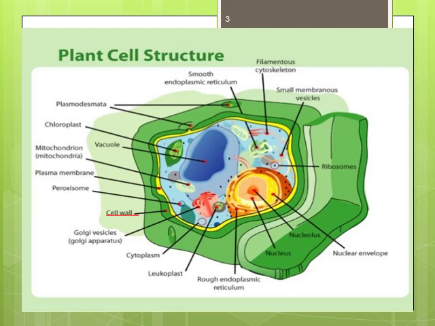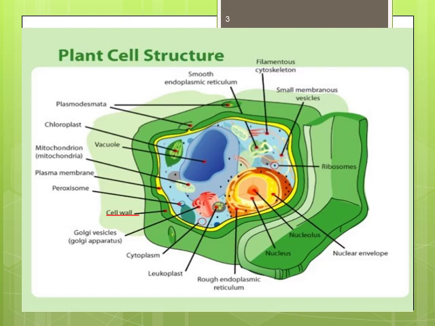As you know, a very brief definition of the cell wall is that the cell wall is the outermost layer of a plant cell, and it is the only non-living part of the cell that is secreted by the protoplasm for its protection.